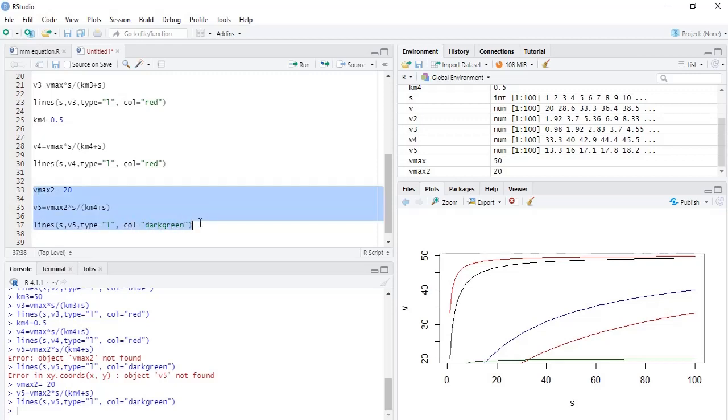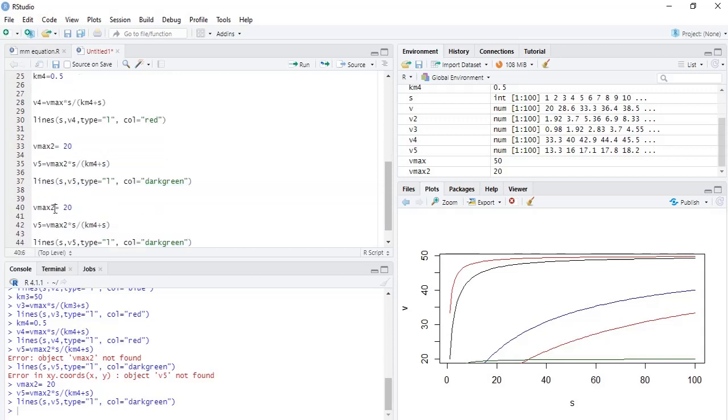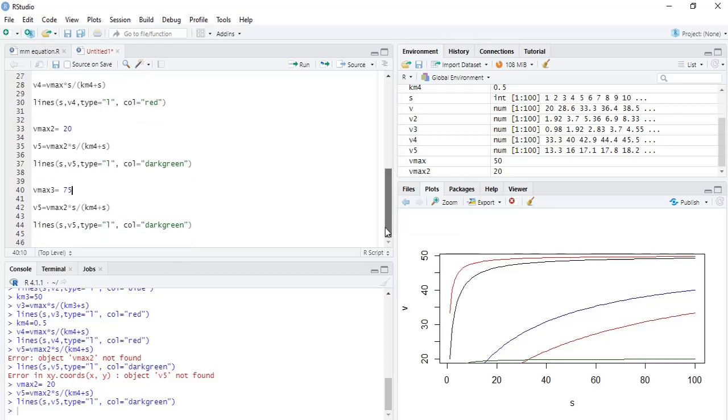Vmax 3 is equal to, Control C and Control V, and earlier we have Vmax equal to 50, and here we will increase that to 75, and I think that will not go in this plot, but still we'll try that.